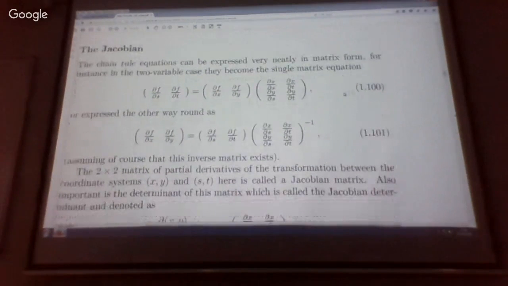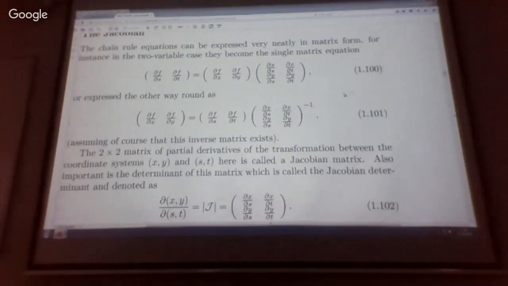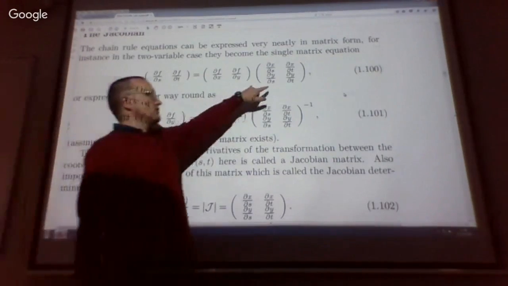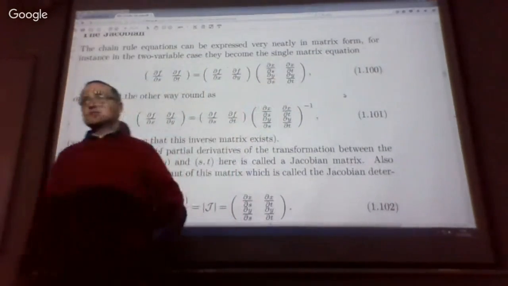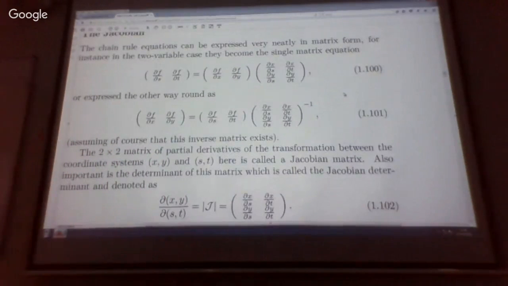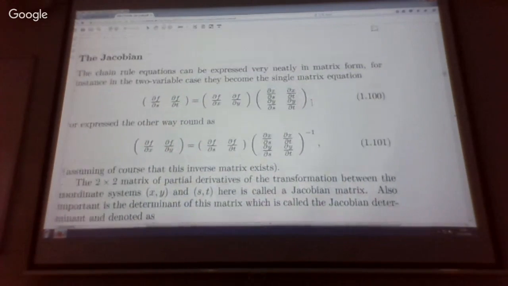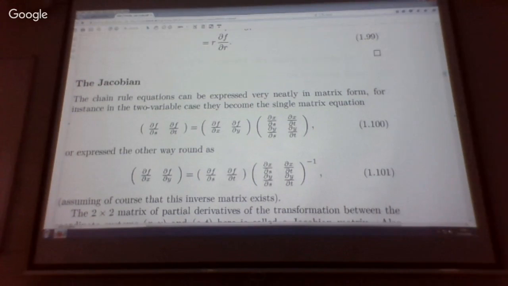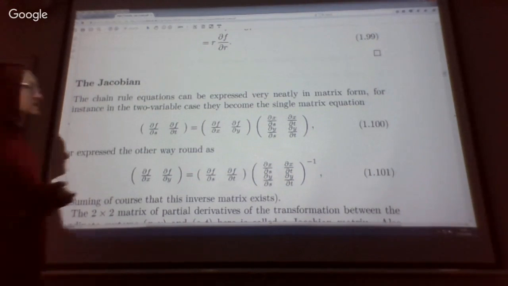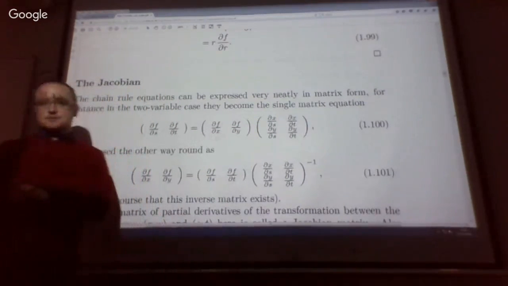If you say the word Jacobian itself, it's normally understood that you're referring to the determinant of this matrix. But people also use the word Jacobian to refer to the matrix. You can clear up any ambiguity by talking about the Jacobian matrix or the Jacobian determinant as appropriate. We will see it arise again shortly in a lecture or two. It's an important device which will describe the behavior of these different coordinate systems.